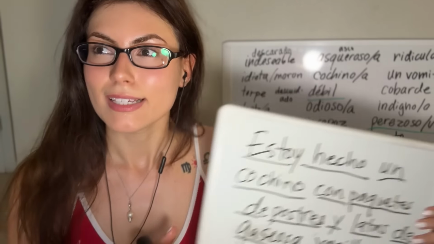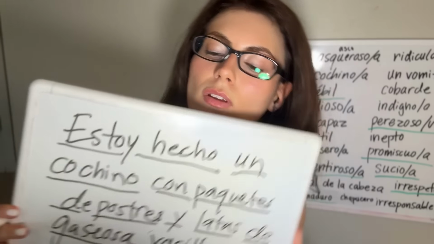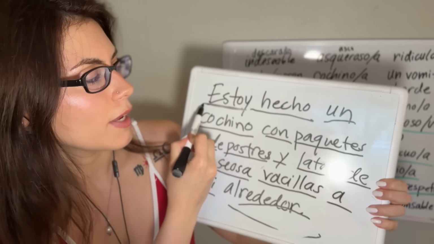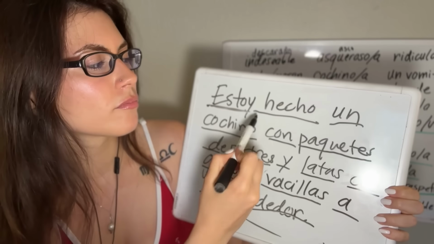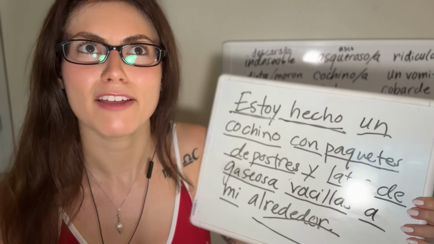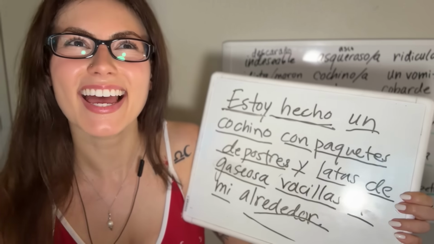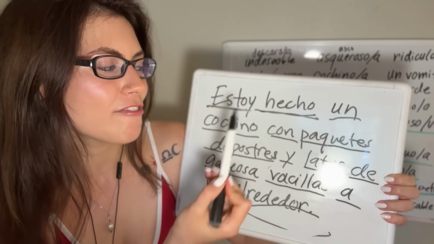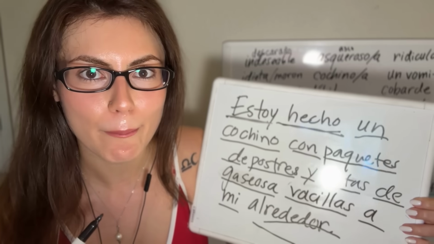Estoy hecho: estoy means I am. Hecho is made, so I am made. I have made myself out to be, yeah, I guess that's kind of like it. So I've made myself out to be a damn pig.